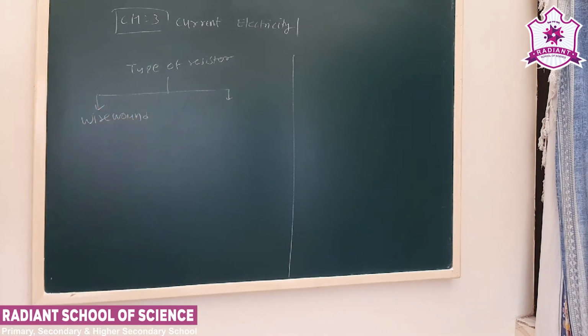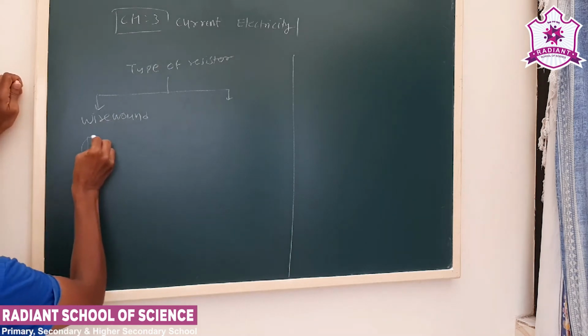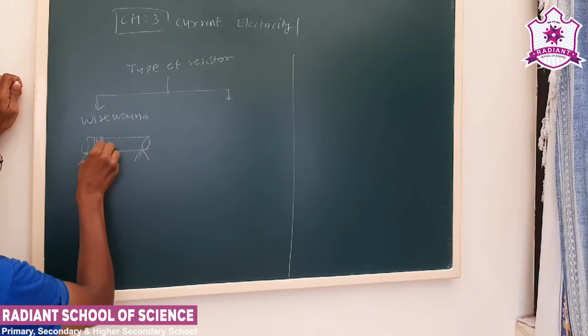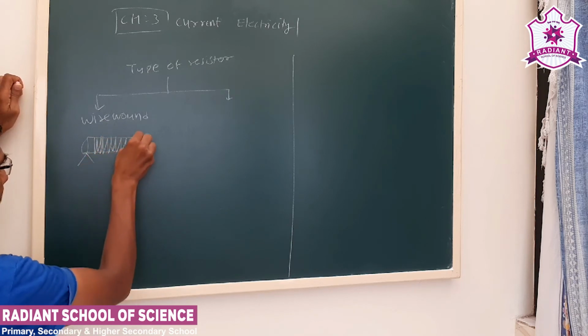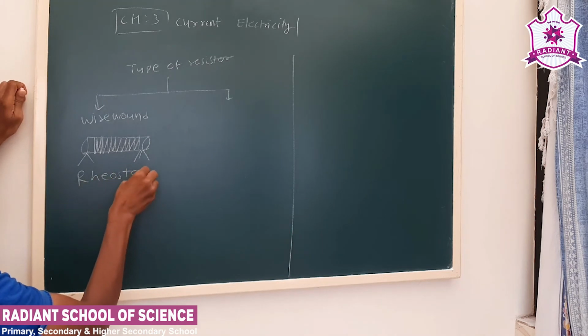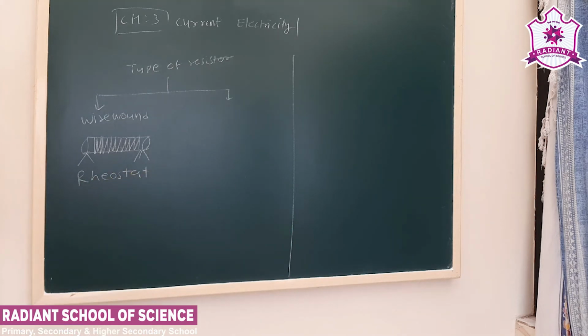See, on an insulating material, a number of turns are wound like this. All of you have seen the rheostat in the physics lab. So the rheostat is a practical example of the wire wound resistor.